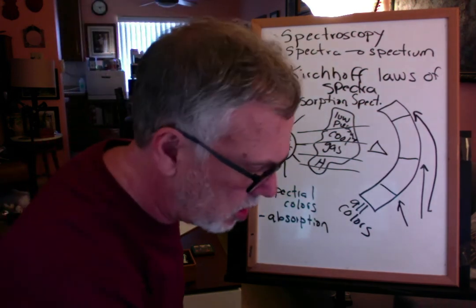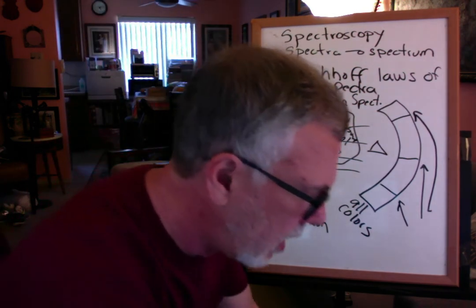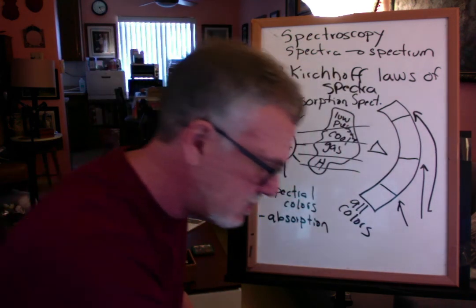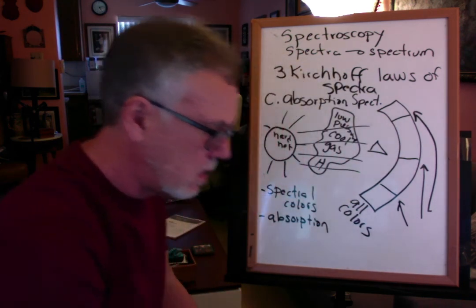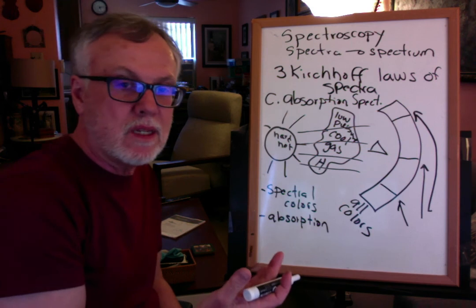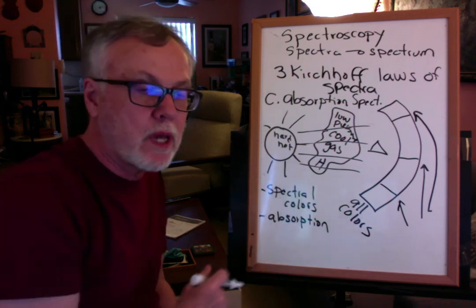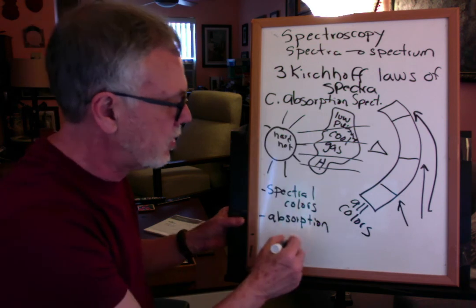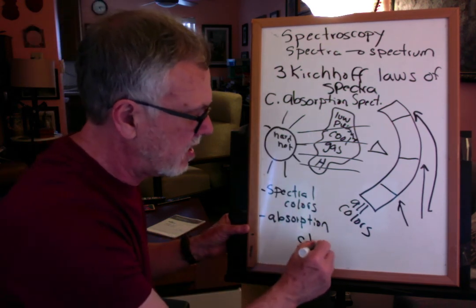And just so you know, if I asked you what type of spectra would I see with a star? What I would see is this type. So stars produce this type.